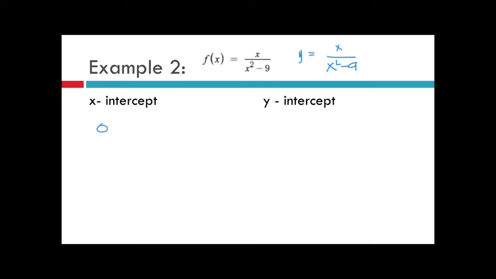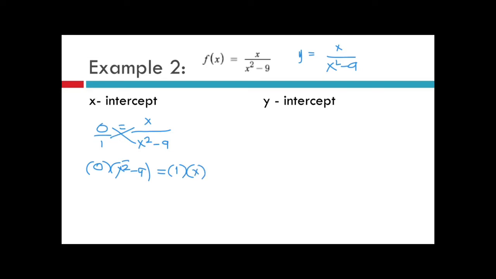So 0 equals x over x squared minus 9. Again, this side has a denominator of 1, and we can do the cross product. So x squared minus 9 is a quantity times 0. So 0 times x squared minus 9 equals x times 1, or 1 times x.